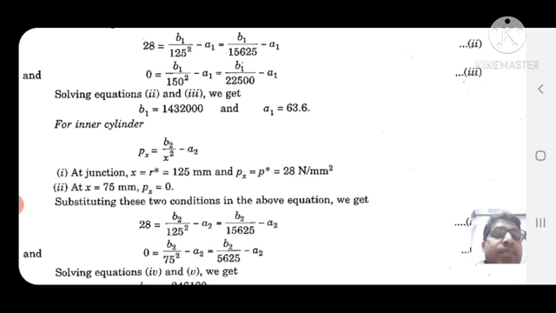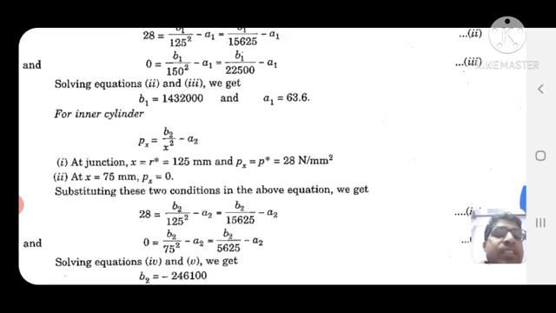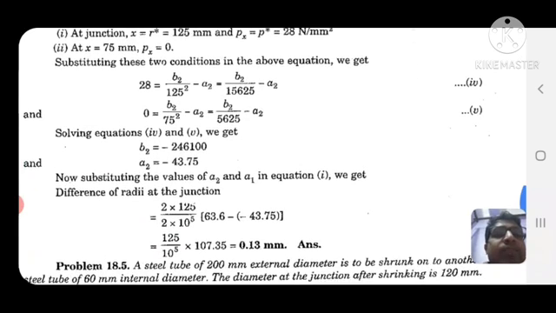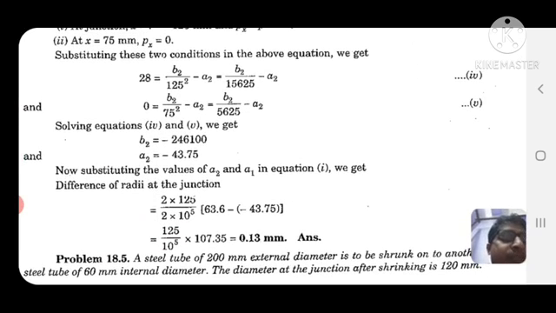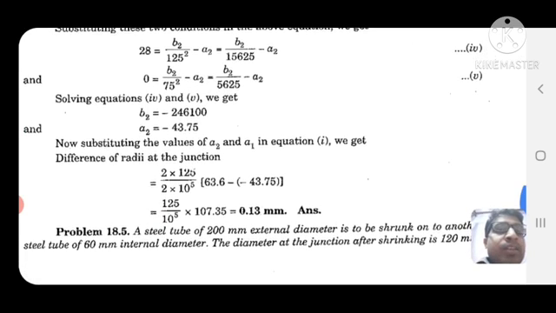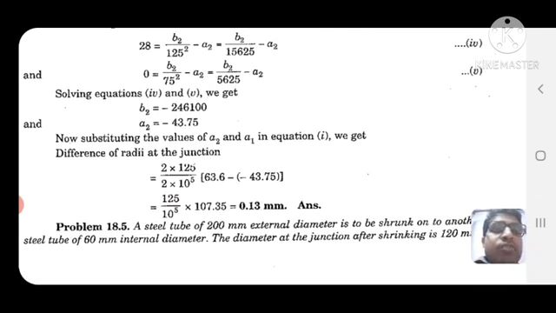For the inner cylinder, Px equal to B2 by x square minus A2. At the junction x equal to R star, that is equal to 125 millimeter, Px equal to P star, that is equal to 28 Newton per millimeter square. At x equal to 75 millimeter, Px equal to 0. So substituting these two conditions in the above equation, we get 28 equal to B2 by 125 square minus A2, so B2 by 15625 minus A2.